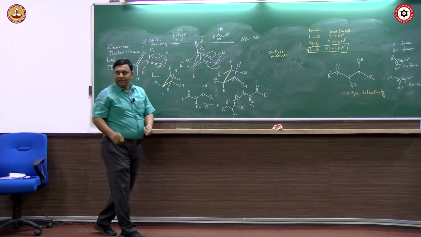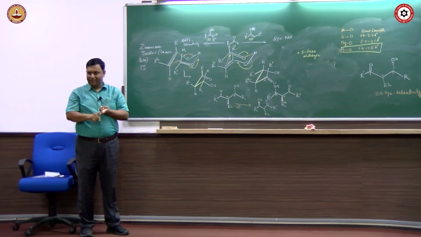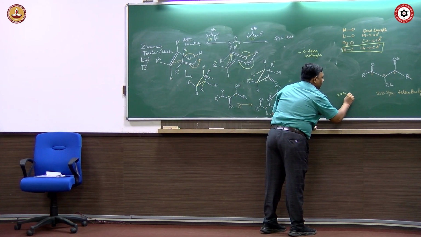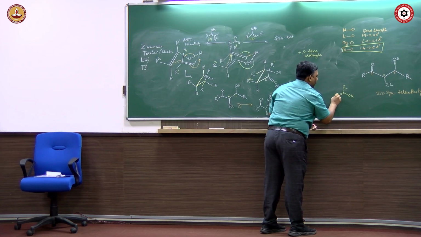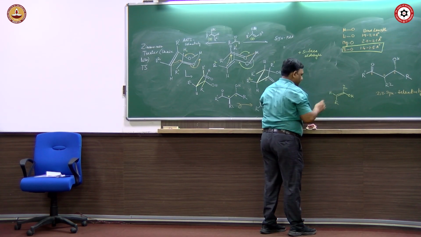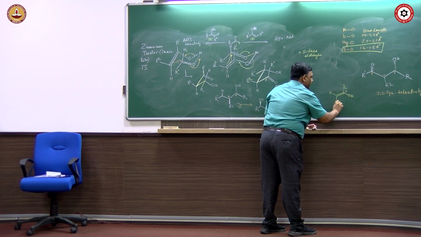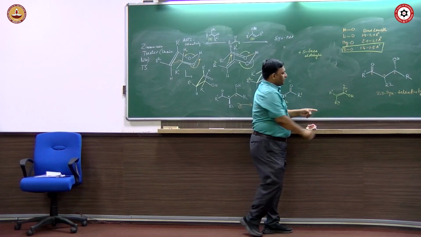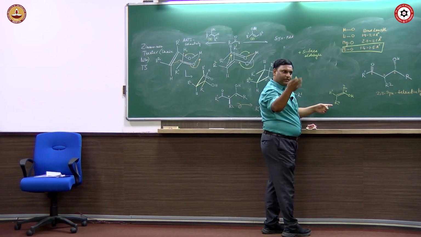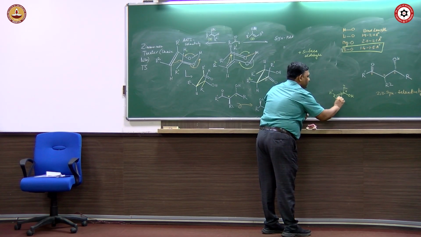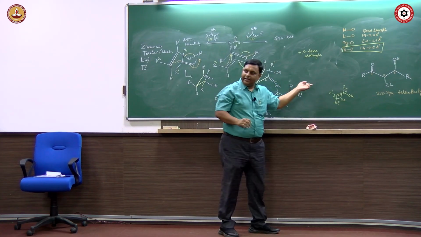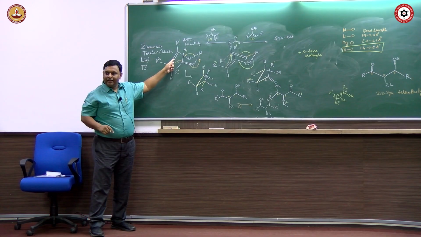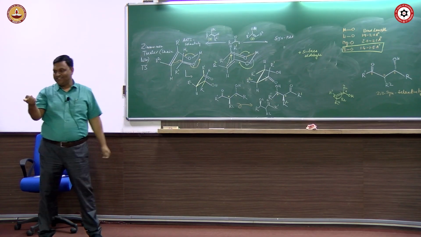Similarly, the enolate also has faces. In the enolate, let's say some R and hydrogen, this is the 1, this is the 2, and this is the 3. This center is going to react for the enolate. So it should be 1, 2, 3. The front side, whatever you see, is the Re face, and the back side is the Si face. Now you tell me, in this enolate, is the Si face or the Re face reacting?